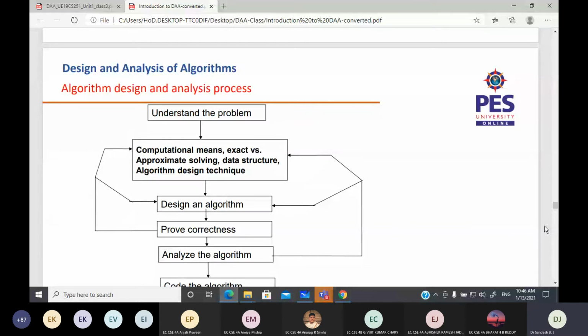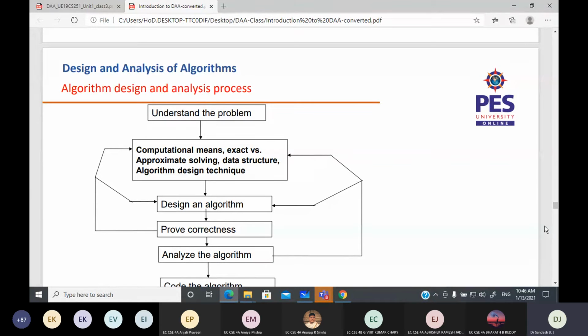The second step is to ascertain the capabilities of the computational device. Then you choose whether you want to go for an exact algorithm or an approximate algorithm based on the problem. If the problem cannot be solved using an exact method, then you use the approximate method.